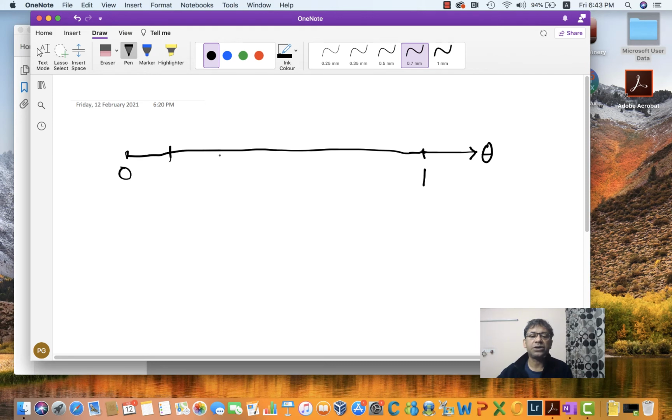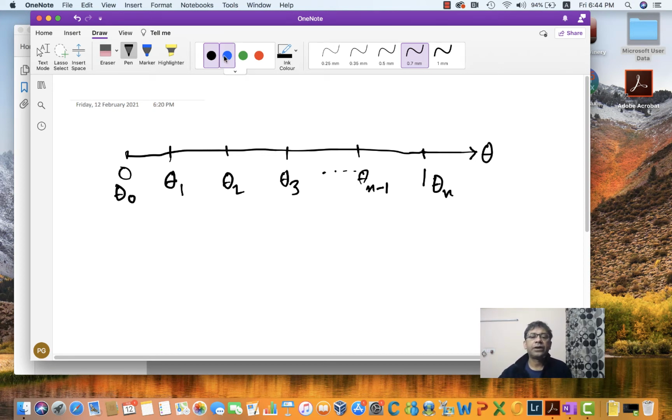So there's going to be a number of cutoff points, and there will be one in the end. And the cutoff points, let's call them theta 1, theta 2, theta 3, so on, up to theta n minus 1. And then the endpoints 0 and 1, let us label them theta 0 and theta n respectively.